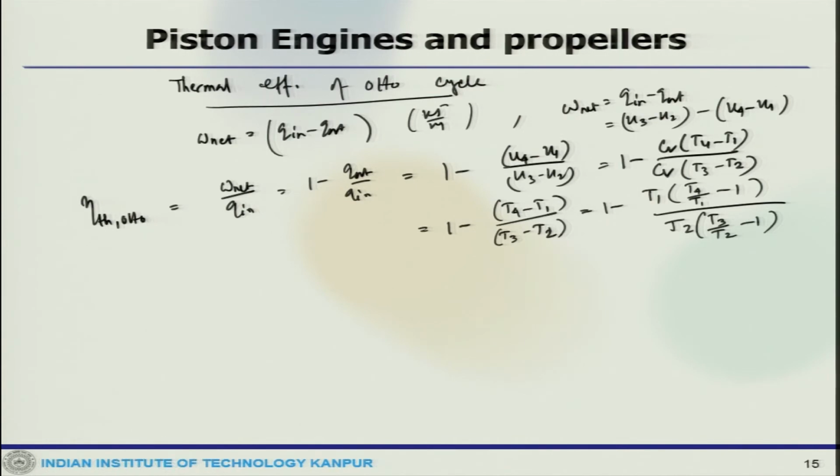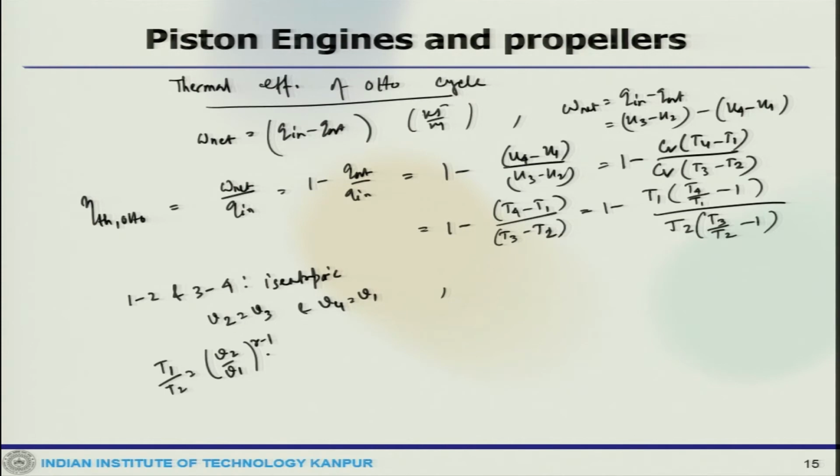Now, since processes 1 to 2 and 3 to 4 are isentropic, and V2 equals V3 and V4 equals V1, we can write T1 by T2 is (V2 by V1) to the power gamma minus 1, which is (V3 by V4) to the power gamma minus 1, which is T4 by T3. So we can rearrange that as T4 by T1 is T3 by T2.